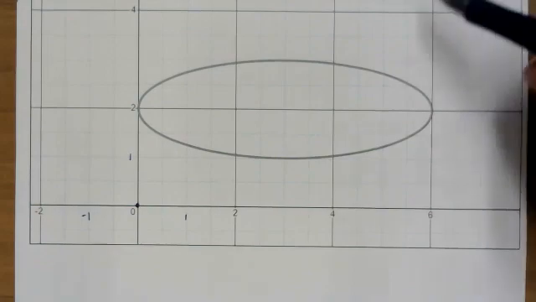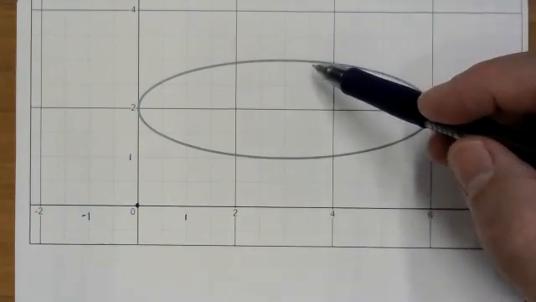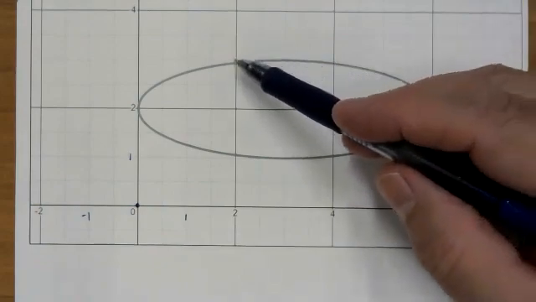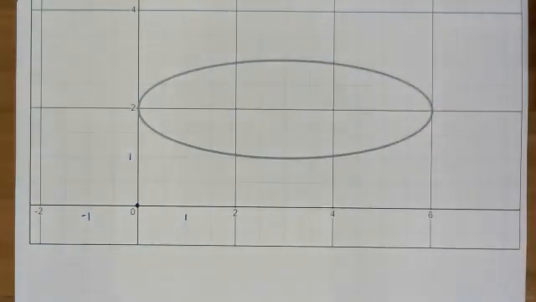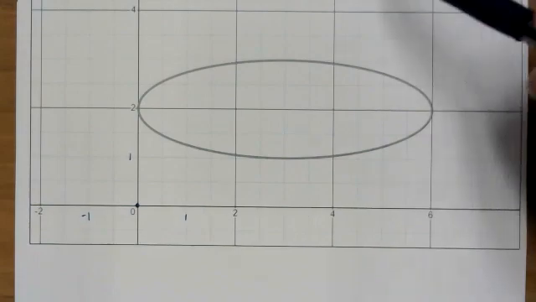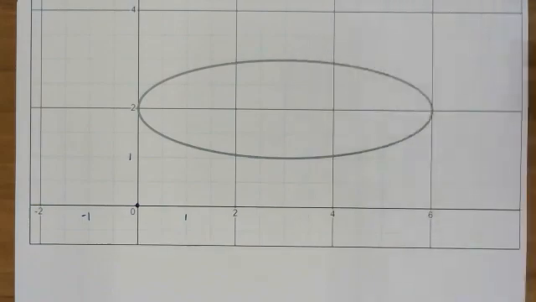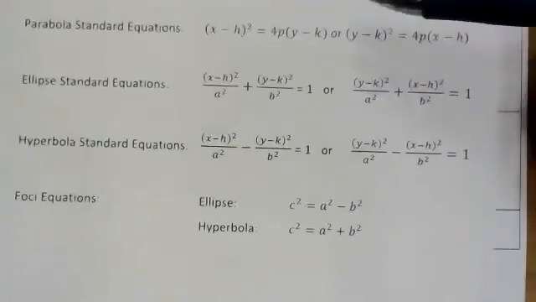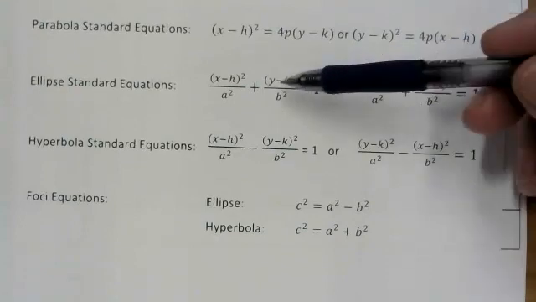First thing we want to do, even before we start looking at this graph and trying to figure things out, is determine which equation we should use for this ellipse. For ellipses, there are two equations.